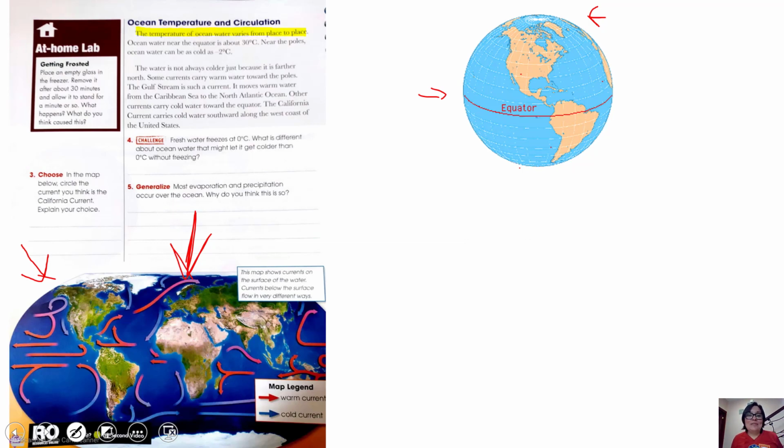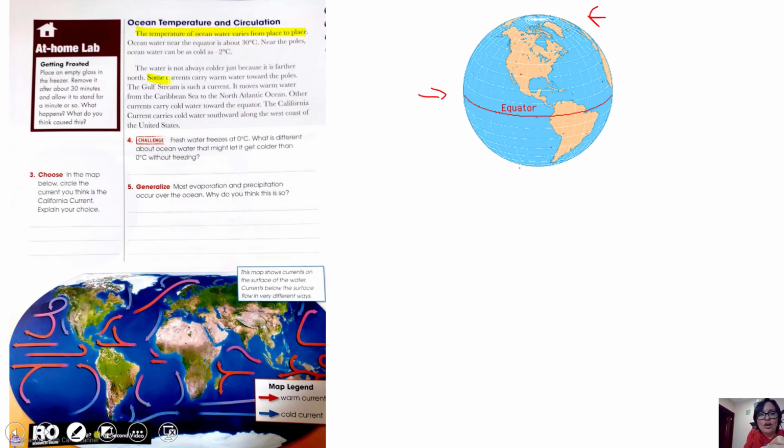So sometimes the currents go from one place with hot temperatures to a place with cold temperatures. And that makes the water become a little bit hotter. Or on the contrary, we can have currents coming from a cold place to hotter places, or places with higher temperatures. So what are we going to underline here?